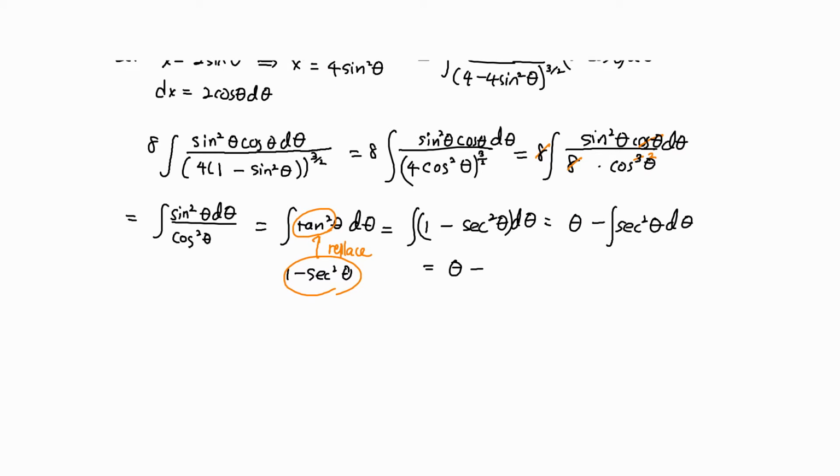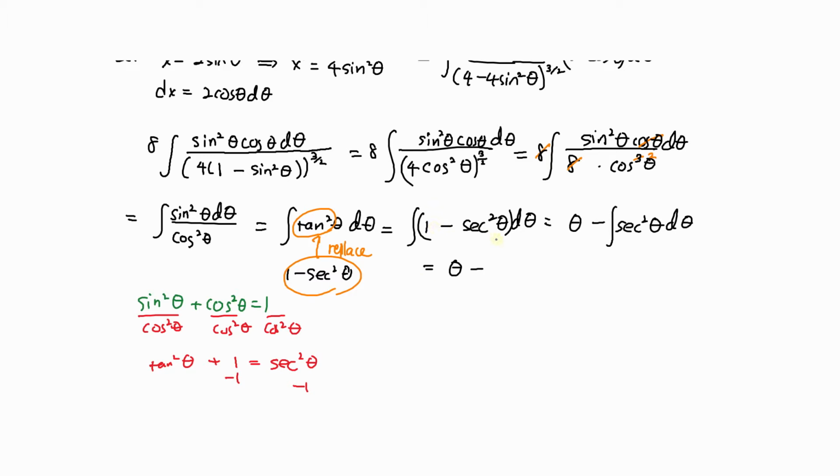Well, you know that sine squared theta plus cosine squared theta equals 1. If I divide both sides by cosine squared theta, I get tangent squared theta plus 1 equals secant squared theta. Because I have tangent squared theta in the integral, I want to keep that intact on the left side, and I can subtract 1 on both sides.